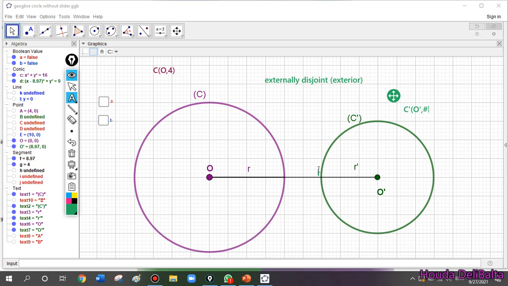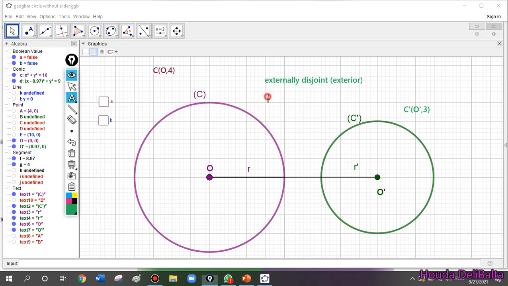We are going now to take into consideration the radii, and compare the distance between the centers with the radii. According to this figure, we notice that the purple circle and the green circle are disjoint. Moreover, the centers O and O prime are, let's count, 1, 2, 3, 4, 5, 6, 7, 8, and 9.